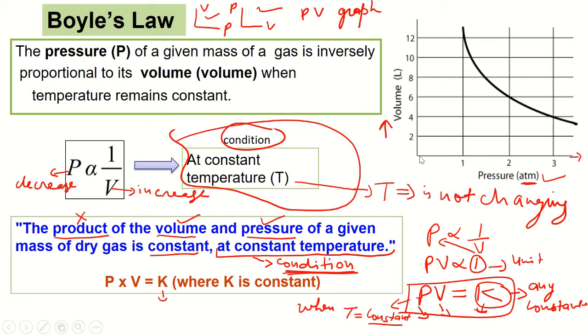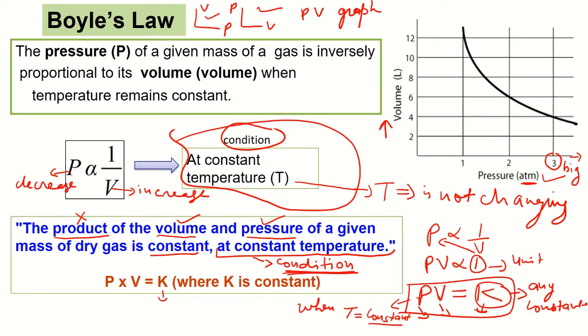Now if you see this pressure line, some numbers are given: 1, 2 and 3. If I compare 1, 2 and 3, this 3 is the big number here.